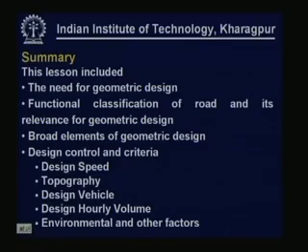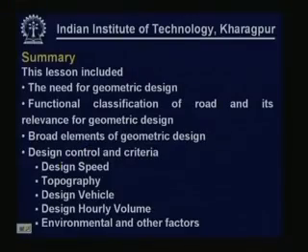discussed. We have talked about the broad elements of geometric design, starting from cross section elements, side distance considerations, horizontal alignment details, vertical alignment details and at intersections. So, these are the broad elements we have identified.